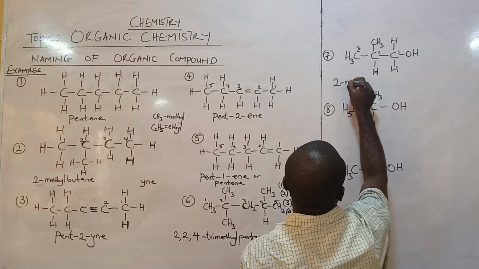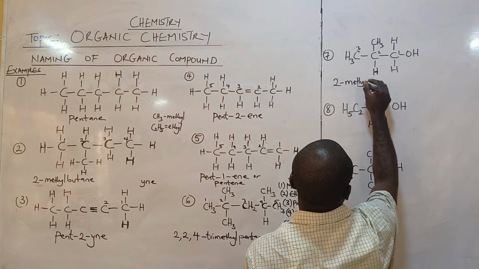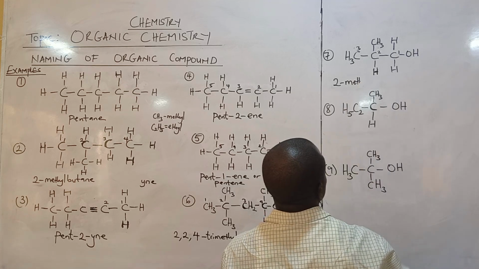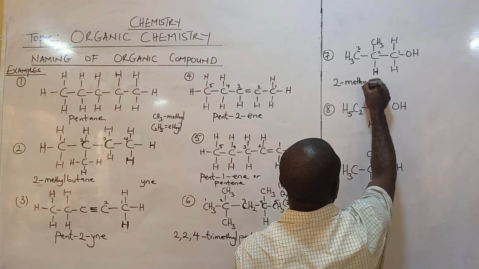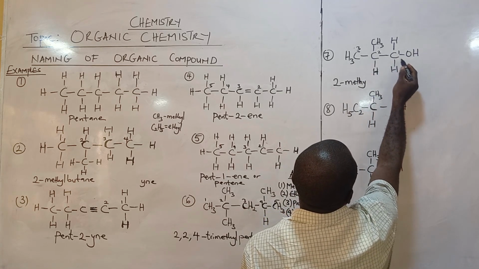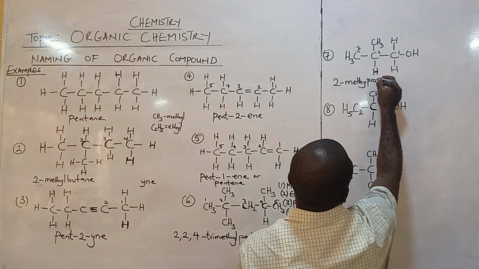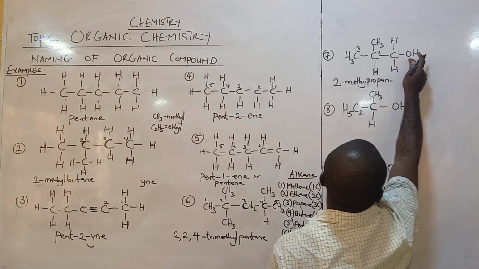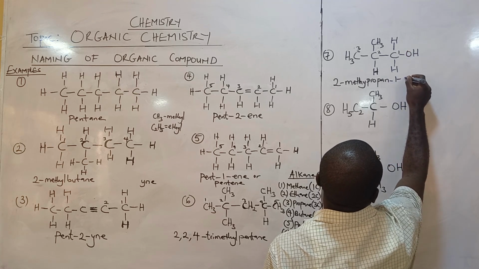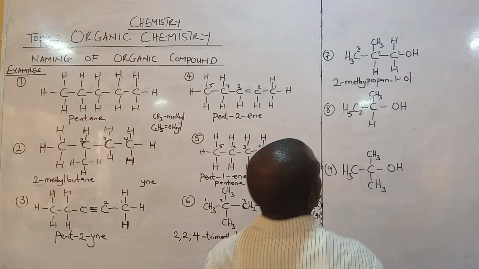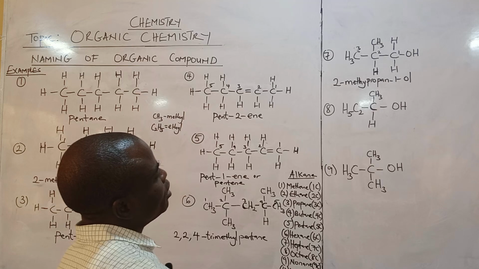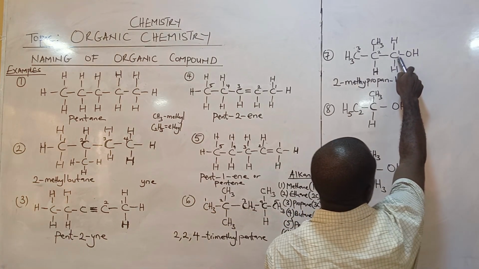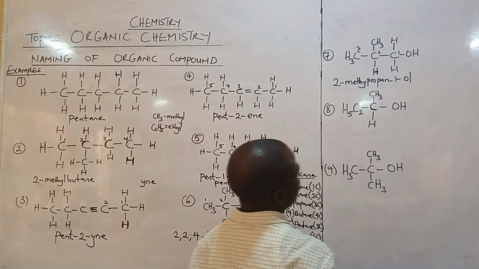You have 2 methyl, 2-methylpropane, attached to carbon number 1, propan-1-ol, because of the hydroxide, and it is a primary alcohol. Why is it a primary alcohol? Because 2 hydrogens are attached to the carbon that is attached to the functional group.